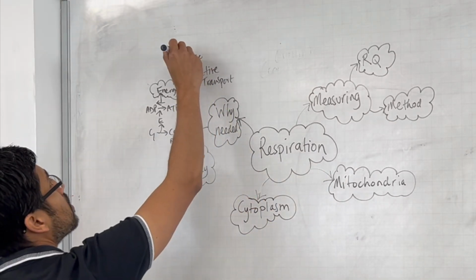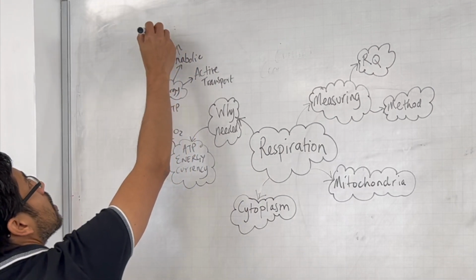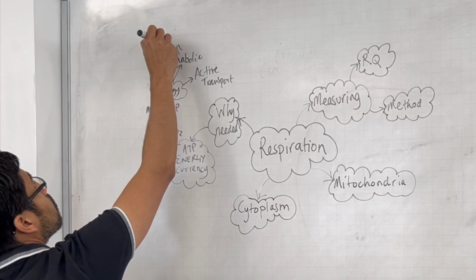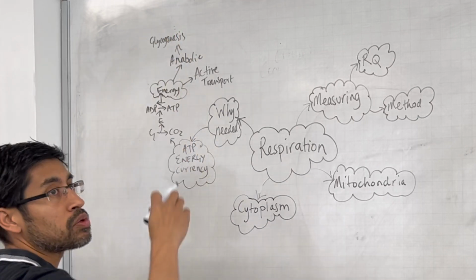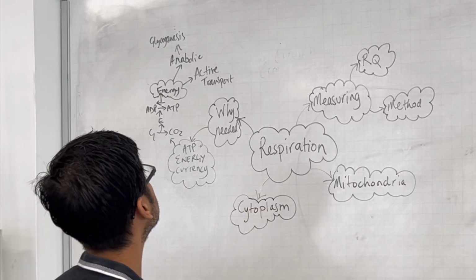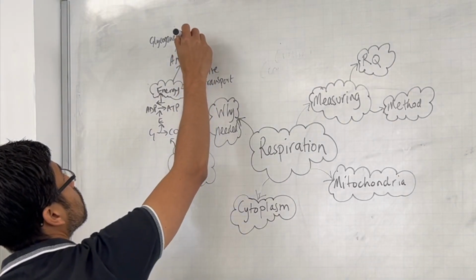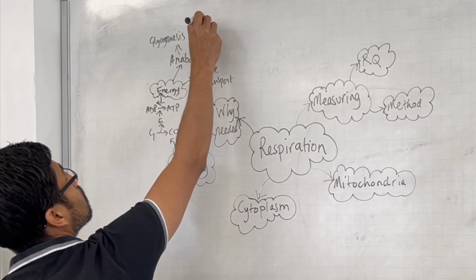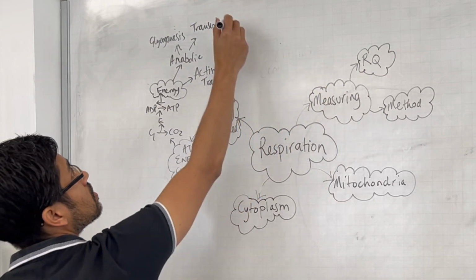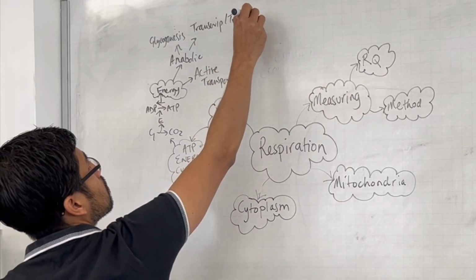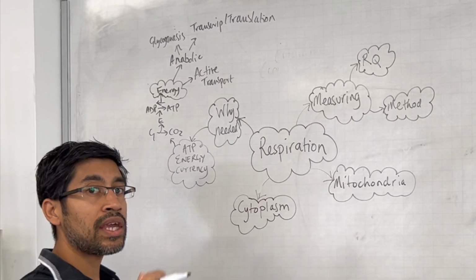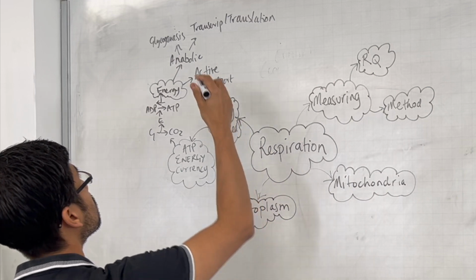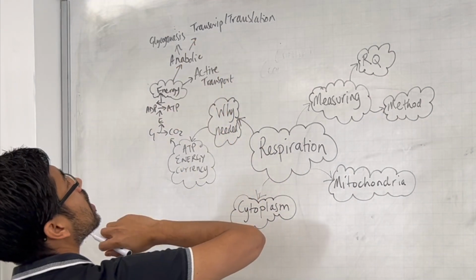So anabolic reactions, such as, we can just name a few, glycogenesis, the formation of glycogen from glucose. Other anabolic processes might include transcription, translation, putting nucleotides together, putting amino acids together.